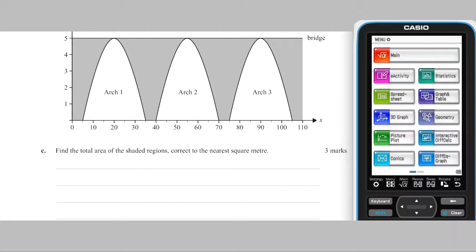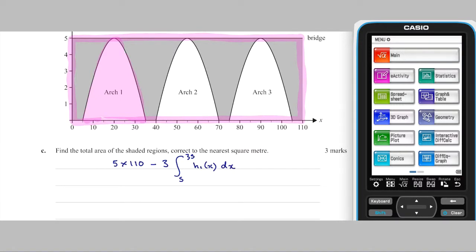Part C. To find the total area of the shaded region shown in the graph, we can compute the area of the rectangle, and we can subtract the area under one of the arches multiplied by 3. This will be equal to 5 multiplied by 110 minus 3 times the integral from 5 to 35 of h1 of x dx.